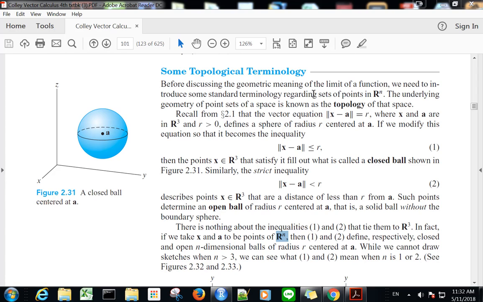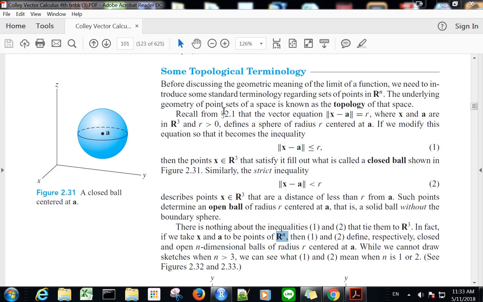So before discussing the geometric meaning of the limit of a function, we need to introduce some standard terminology regarding sets of points in Rn. The underlying geometry of point sets of a space is known as the topology of that space.